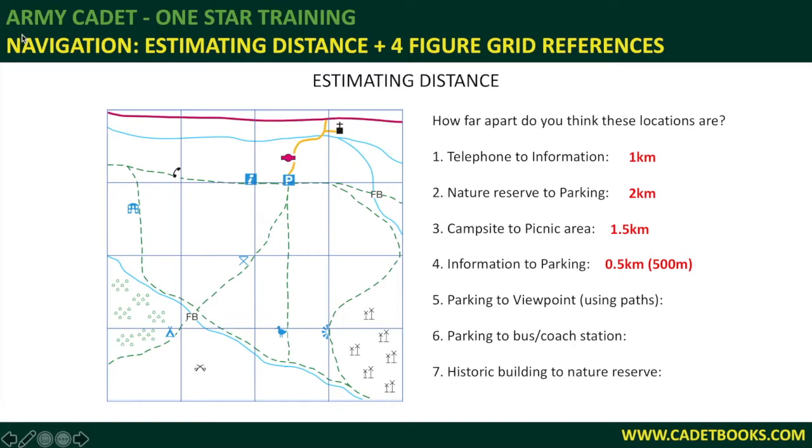Parking to viewpoint using paths. 3.5 kilometres. Parking to bus coach station. 0.25 kilometres or 250 metres. Historic building to nature reserve. 3 kilometres. All of these are approximate.